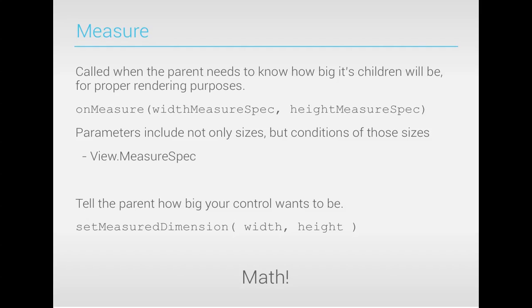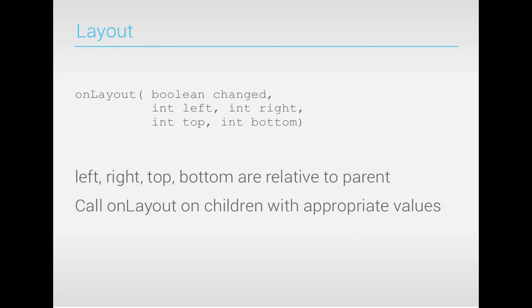I think that confused me for a while, that you enter the onMeasure function with this complicated hashed value of parameters and values, and then you return just a pixel number. And yeah, there's math involved. So if you don't like math, this is where it starts getting a little hairy.